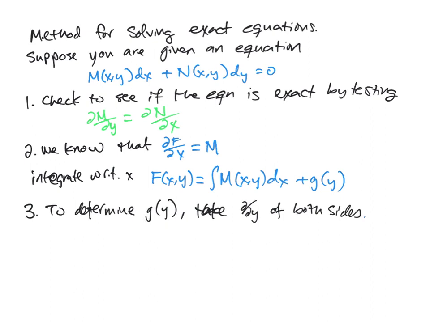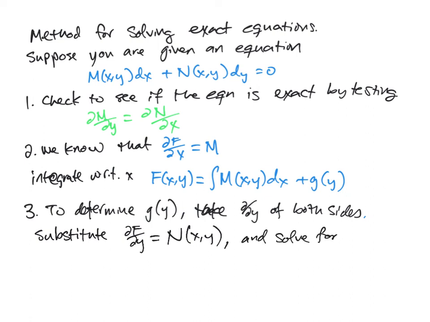Then substitute in, so your left-hand side, if you take the partial with respect to y, you'll get df/dy. So that is equal to your N, which is given to you by the problem. And solve for g prime of y. So that will be your sort of second term in the right-hand side.